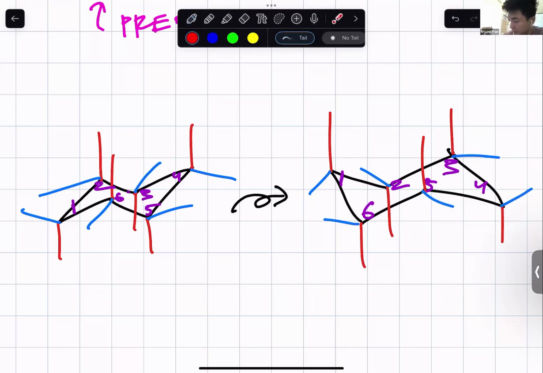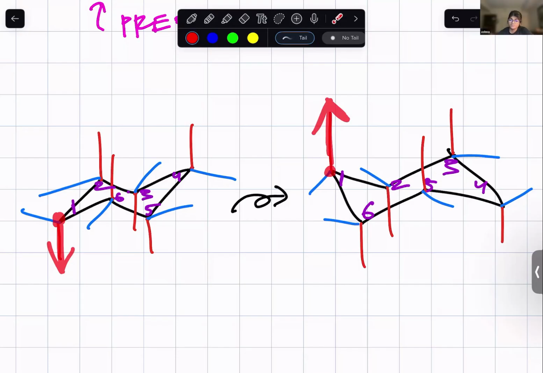And now, here's the most important thing, right? If you look at, let's say, atom 1, what direction is the axial bond pointing towards? Up or down? Down. Down, right. Let's look at the number 1 atom on the next chair conformation. What direction is the axial bond pointing towards?